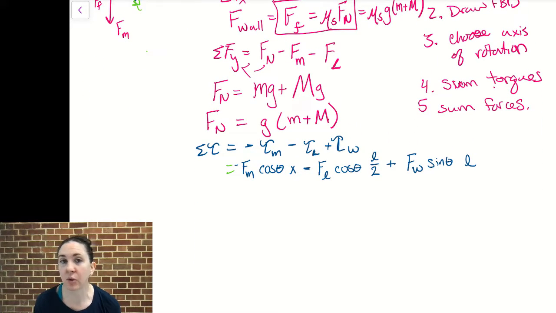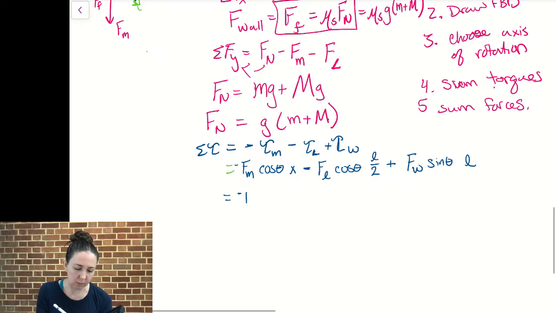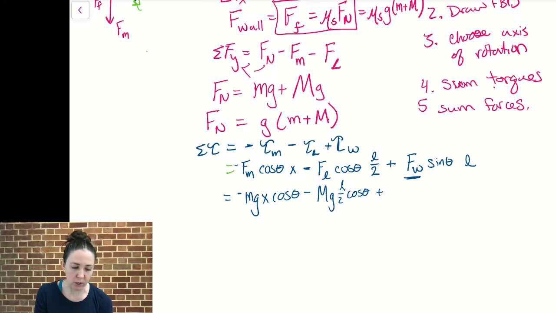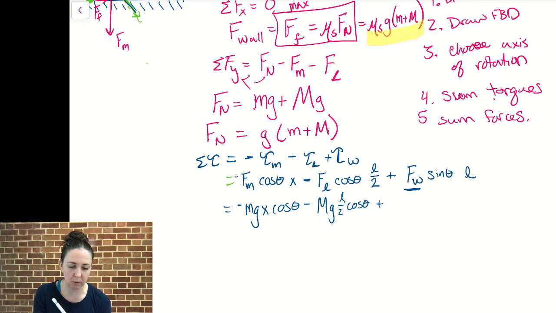From here, it is just math and plugging in the things that we know and the things that we're looking for. So I get negative mg x cosine theta, just moving that x to the front, minus big Mg L over 2 cosine theta, plus the force of the wall, which I'm going to plug back in from up here.